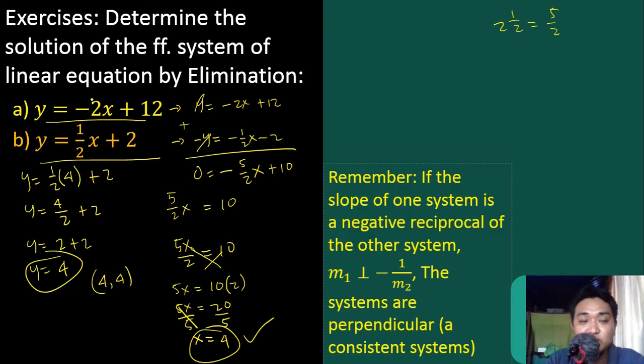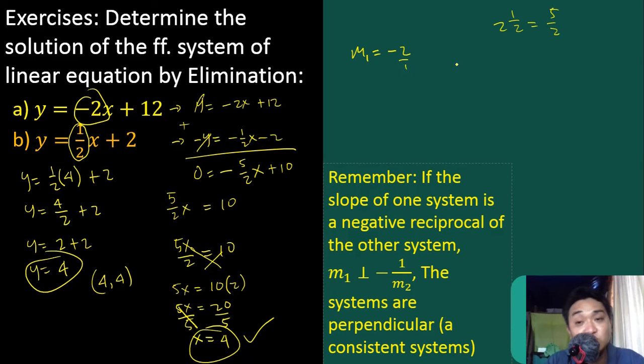So kung mapapansin nyo po yung slope nila, kung inyo agad papansinin kung ano nangyayari sa slope nila, yung slope ng unang linear system natin is m sub 1 is equivalent to negative 2. That is also the same as negative 2 over 1. Yung slope naman nung pangalawang system natin is 1/2. So m sub 2 is equivalent to 1/2. So what is the negative of negative 2? The negative of negative 2 is positive 2, right?